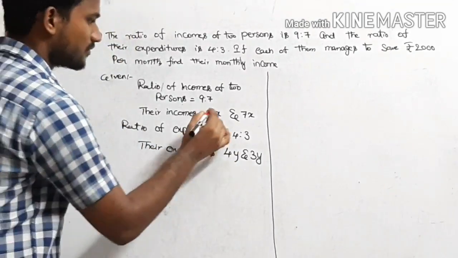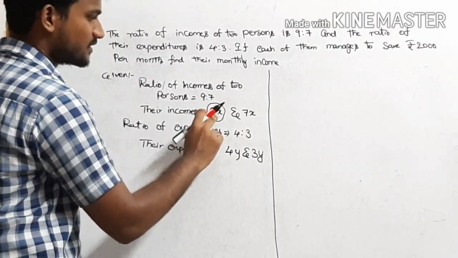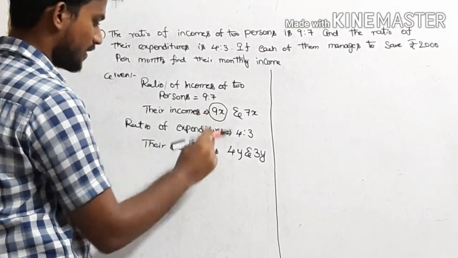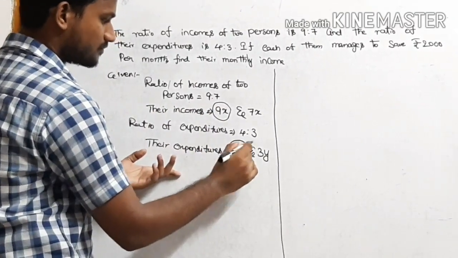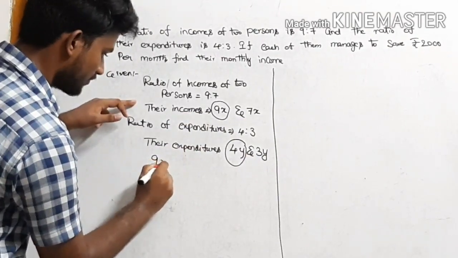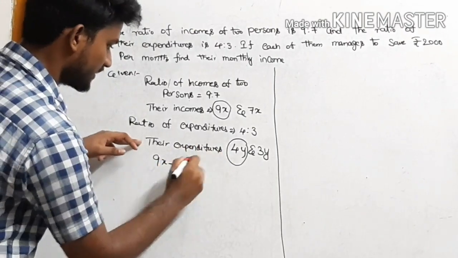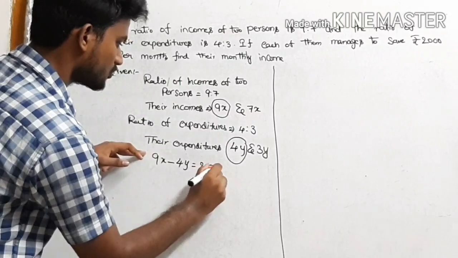How can we find it? Like this. First person's income is 9x, and the expenditure of the first person is 4y. From this, first person's income minus first person's expenditure is equal to 2000.